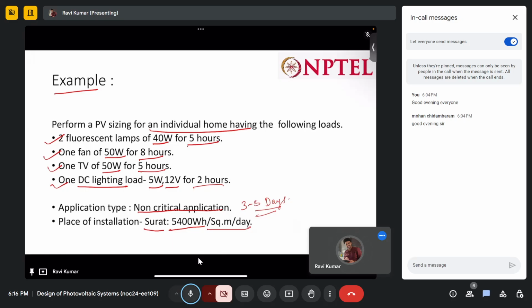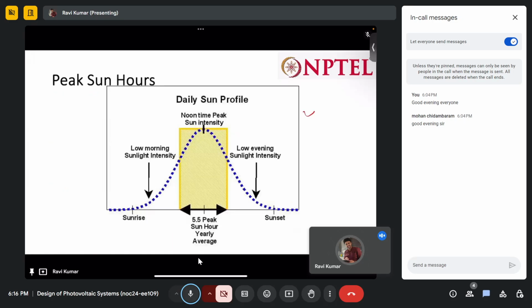First of all, as we were saying, we need to identify or calculate the irradiation. This is the peak sun hour, or the daily sun profile. At sunrise it is low radiation time, and at sunset it is low evening radiation. But in the afternoon, from let's say 10 a.m. or 11 a.m. till 4 p.m., we have high radiation, and this is for 5.5 hours, as a yearly average.